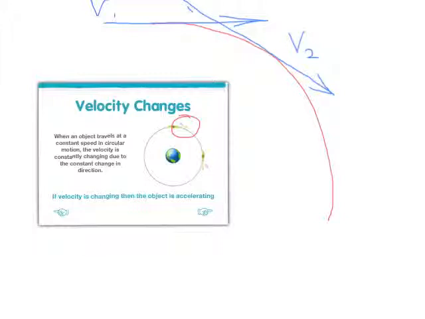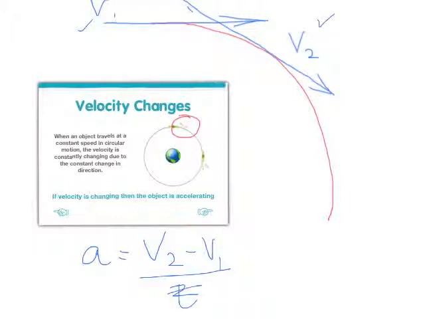Now we know that acceleration is the change in velocity, so it would be v2 minus v1 over time. So if we have a look at these two vectors, v1 and v2, let's try and do exactly that. Let's try and subtract v1 from v2.